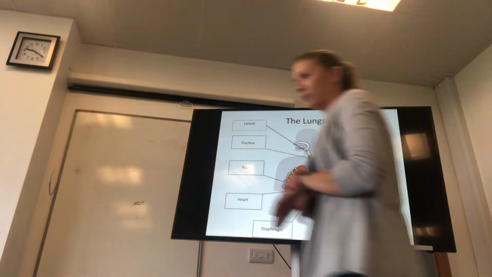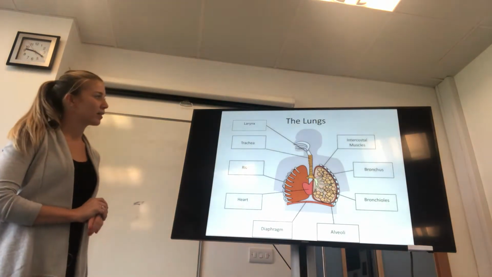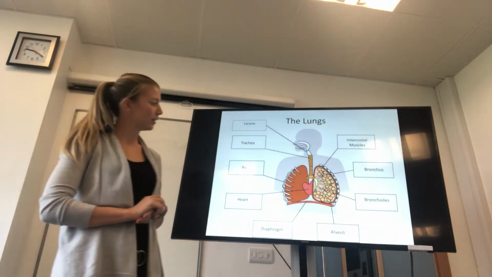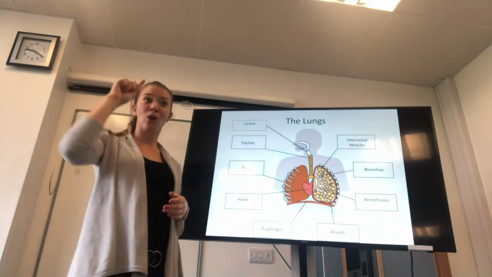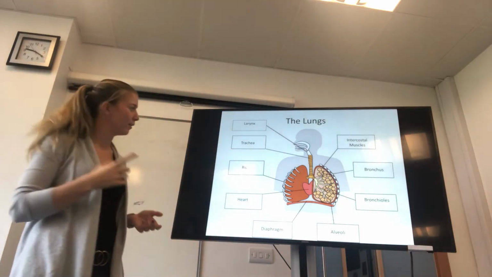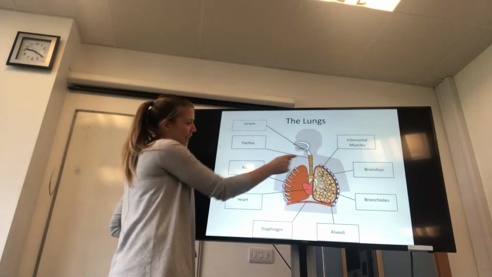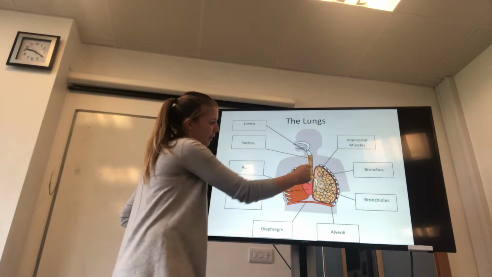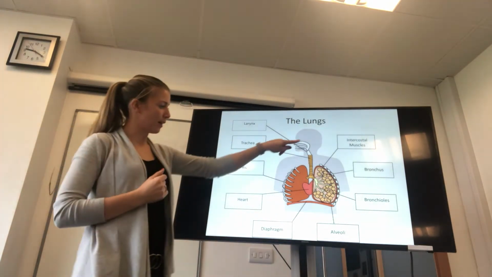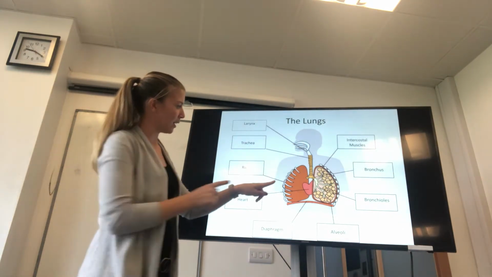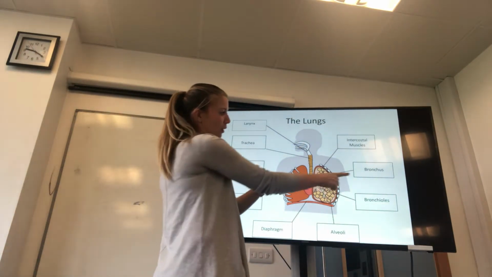Okay, so now we've looked at the breathing terms, these are our lungs. So again, we're going to look at the pathway of oxygen this time, because we're not looking at blood. So we've got the larynx here in our throat. The trachea is this big pipe here going down the middle. And then from our trachea, it breaks off into two.